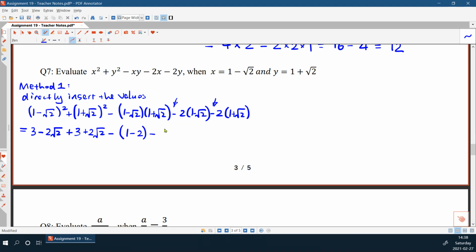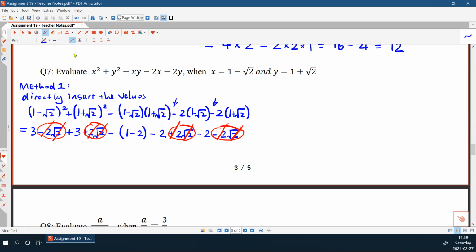So you will get minus 2 plus twice of square root 2 and minus 2 minus twice of square root 2, right? Now, can we cancel something here? So minus this plus this is 0. Again, positive, negative is 0. So these values can be canceled.